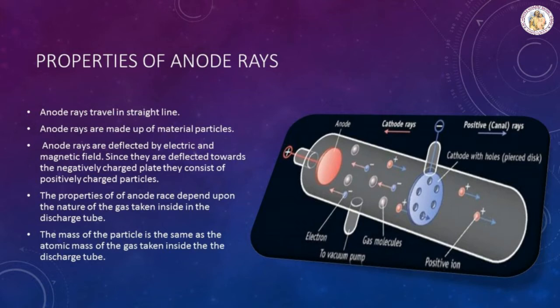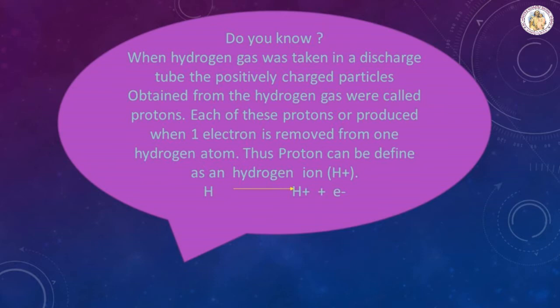The properties of anode rays depend upon the nature of the gas taken inside the discharge tube. The mass of the particle is the same as the mass of the gas taken inside the discharge tube. Do you know? When hydrogen gas was taken in a discharge tube, the positively charged particles obtained from the hydrogen gas were called protons.